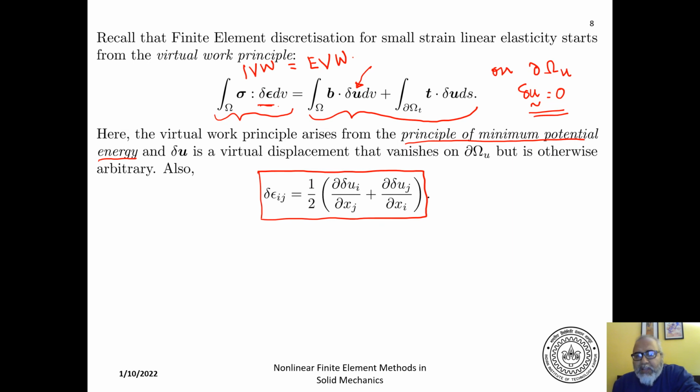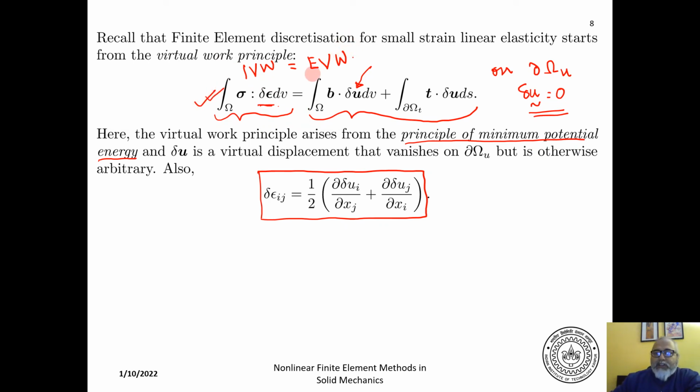So elastic bodies obey the principle of minimum potential energy, and if we use the principle of minimum potential energy, we actually write the potential energy of an elastic body under surface tractions and displacement boundary conditions and minimize the energy, we get to this virtual work principle.